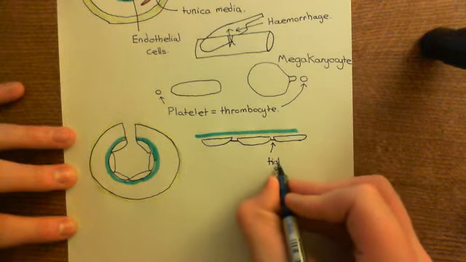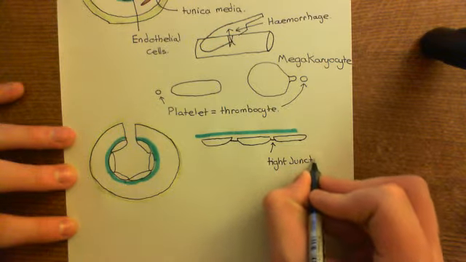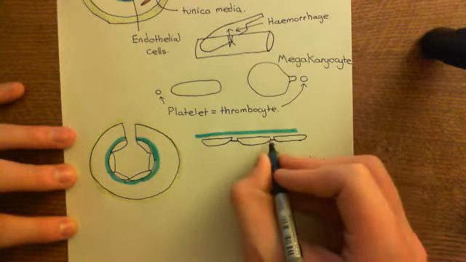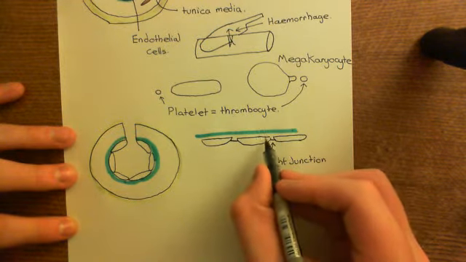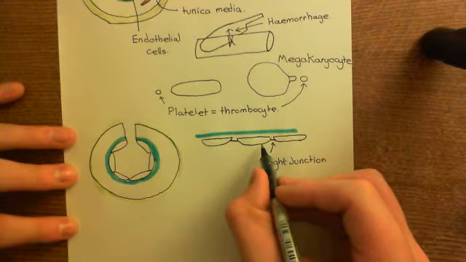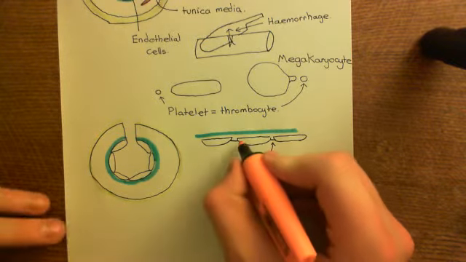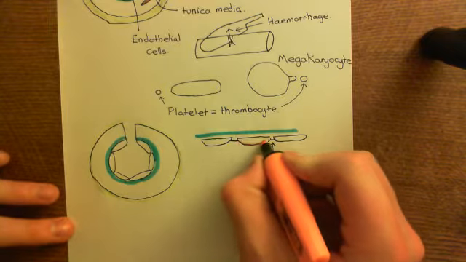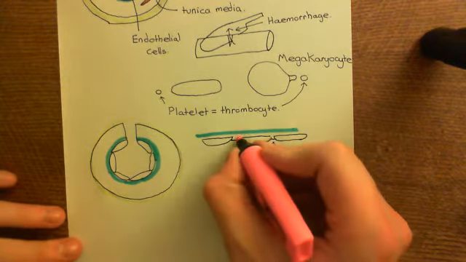Now let me explain what these tight junctions do. They connect the neighbouring endothelial cells, and they separate the endothelial cells into two portions. The apical portion, in orange, is the apical face of this endothelial cell, and they also produce a basolateral region, which is in pink here.